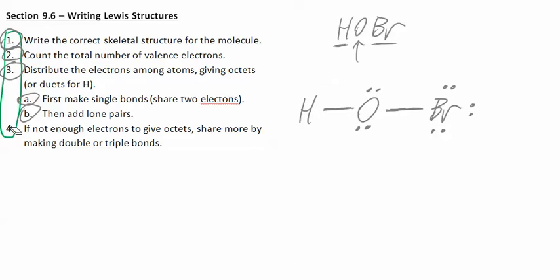You might notice that we never got to step 4 in this process. Now we'll try another example where we actually get to step 4. And I'm going to try the example of formate, HCO2 minus. This is a polyatomic ion that has many atoms in it, and it has a charge.